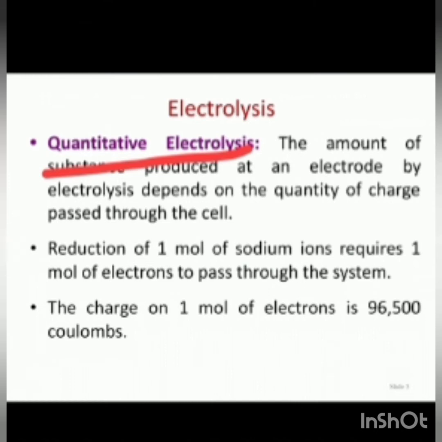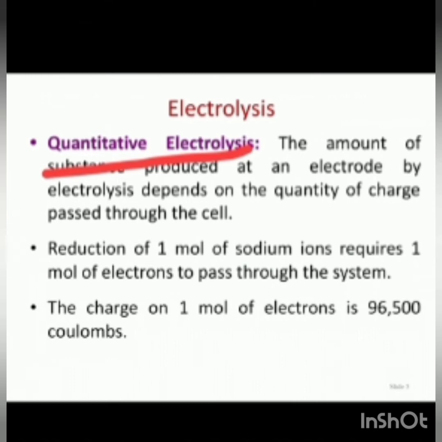Faraday's second law of electrolysis states that when the same quantity of electricity is passed through several electrolytes, the masses of the substances deposited are directly proportional to their respective chemical equivalents or equivalent weights.